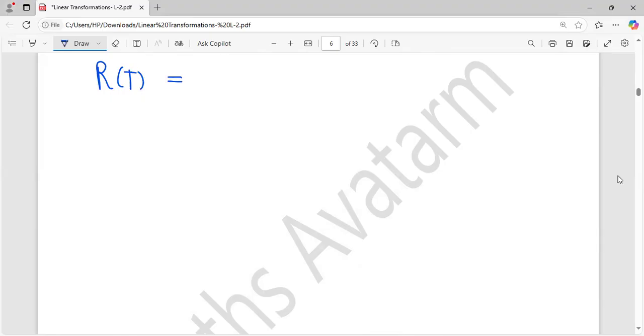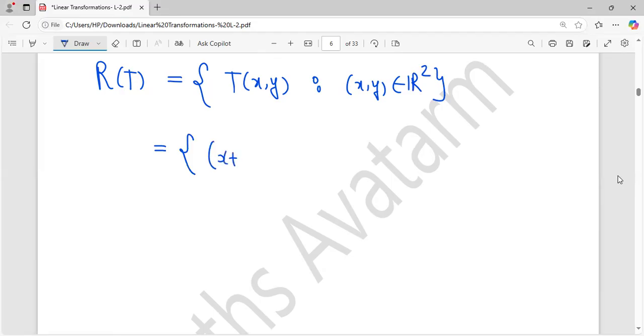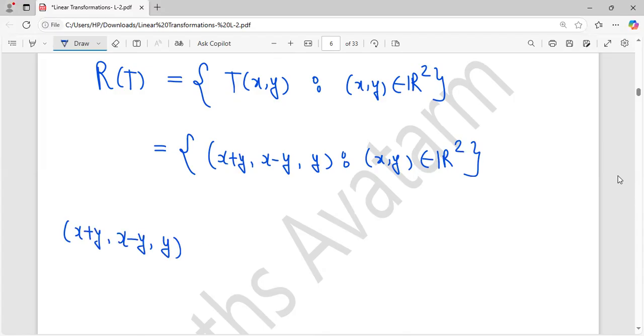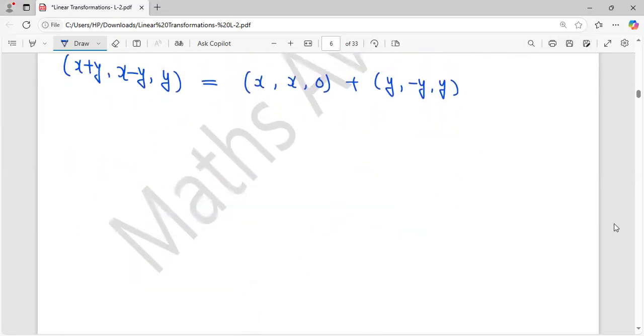What is the range space of T? It is T(x, y) such that (x, y) belongs to R2, that is (x plus y, x minus y, y). Now how can we write x plus y, x minus y, and y? As x(1, 1, 0) plus y(1, minus 1, 1).